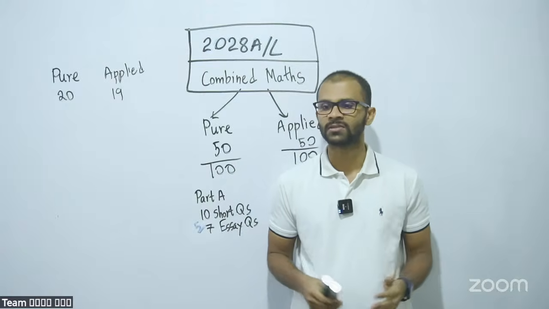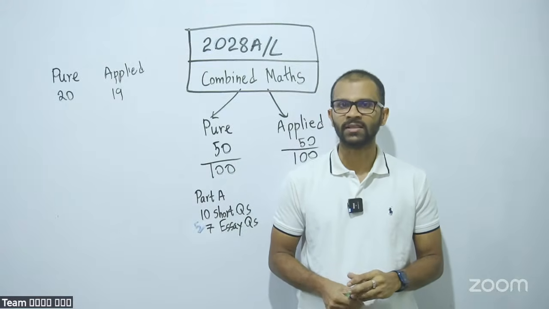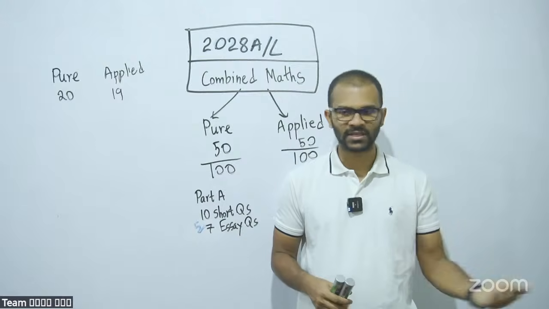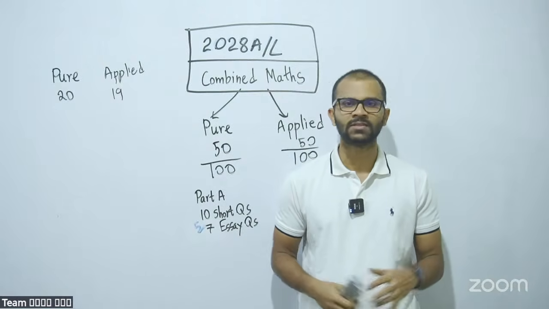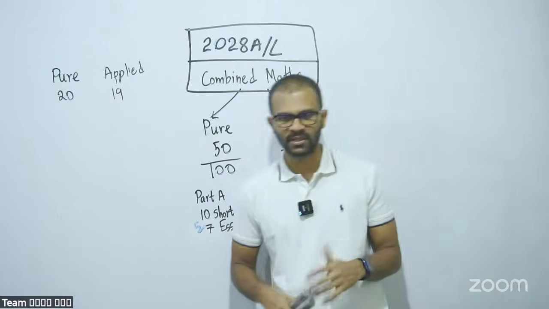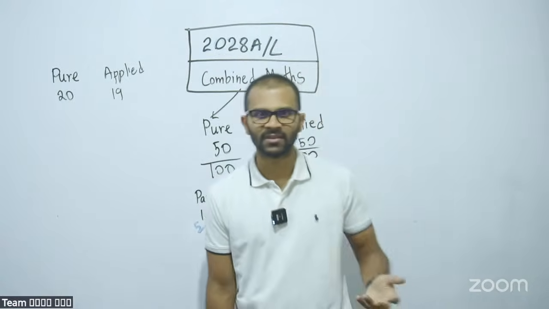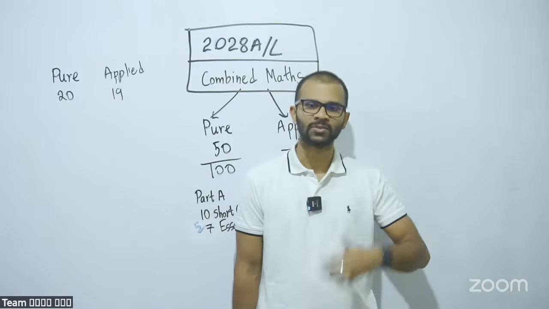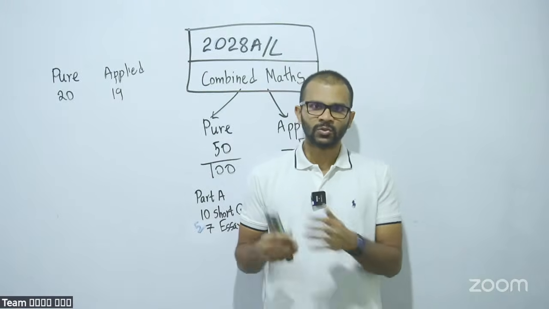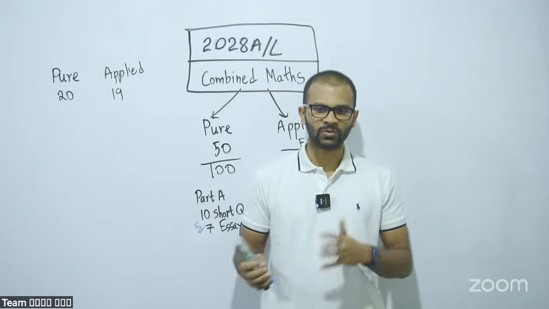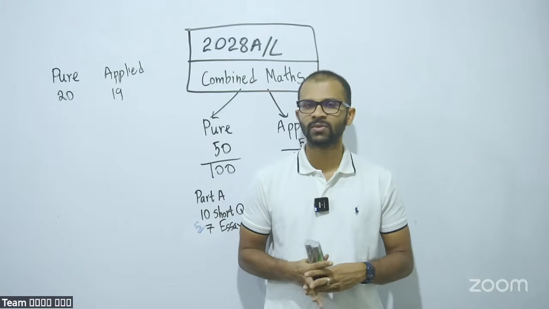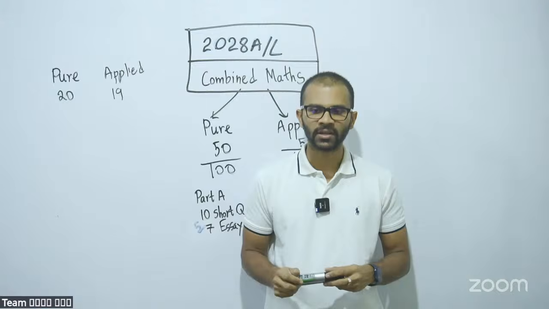If someone asks you what you are doing for your A levels, you are not telling them that you are following physics or chemistry. You are telling them that you are doing physical science, which is combined mathematics. So the main subject will be maths.